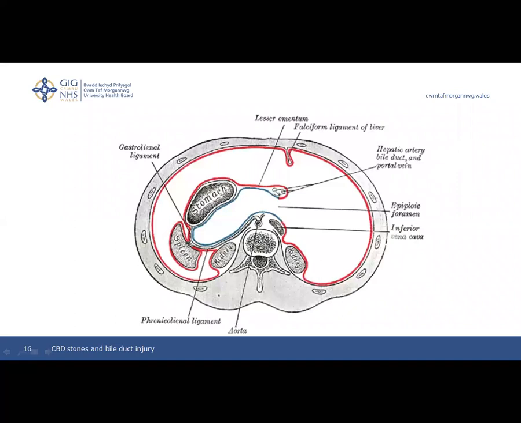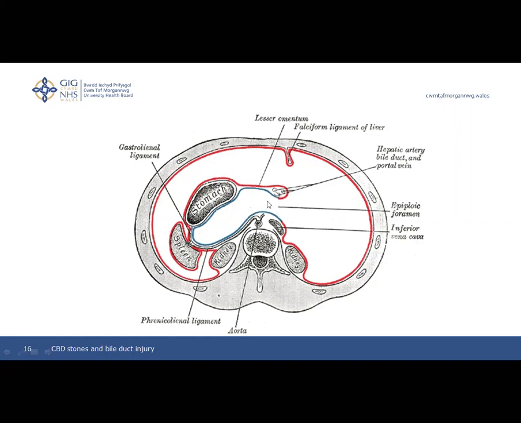When we study the anatomy of the common bile duct, it's very important to know about the foramen of Winslow, the foramen which connects the greater sac with the lesser sac.